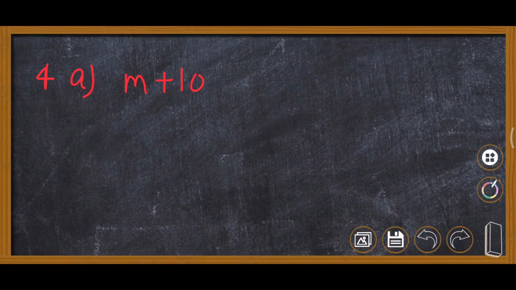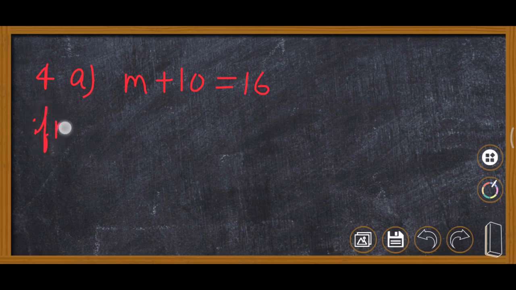Now this is part 4A, m plus 10. You know that by putting in all the values one by one, we have to put them in the table and write the answers one by one. So we have to find the solution of the given equation m plus 10 is equal to 16.